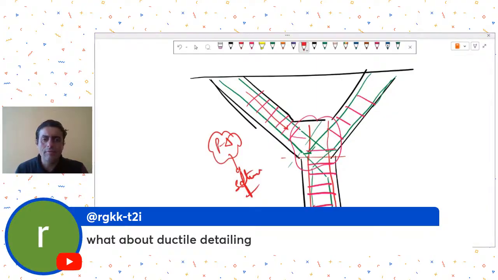Ductile detailing, maybe you can still follow all the rules that are given. So for this column, treat this branch as a separate column. For this, whatever beams are framing into it, try to satisfy the beam column joint capacity ratio and the joint shear check. For this branch also try to satisfy the same.